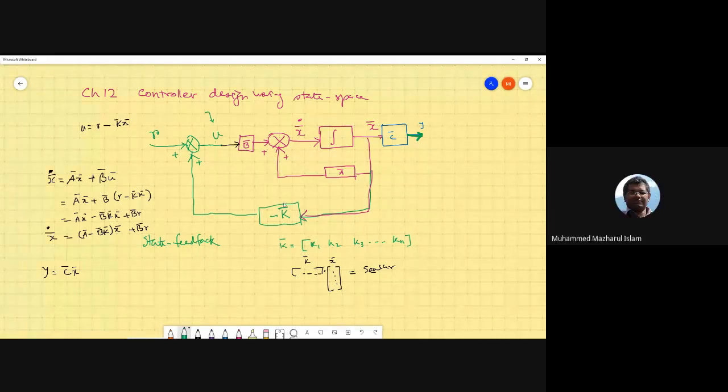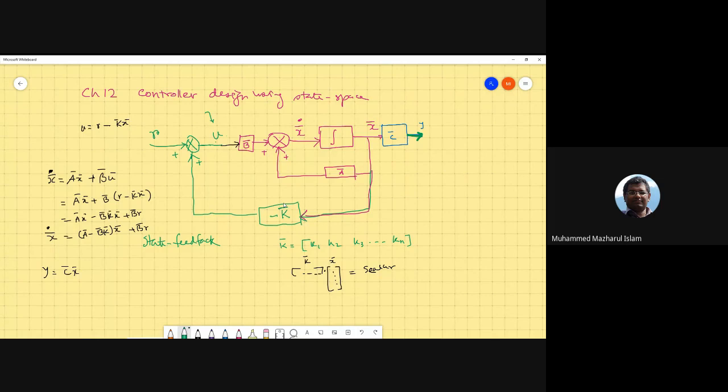All right. So controller design in state space, we learned that we can take state feedback in state space. The basic idea is that each state can be fed back to the input side, and each state has an adjustable gain.